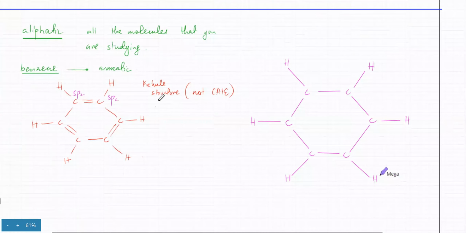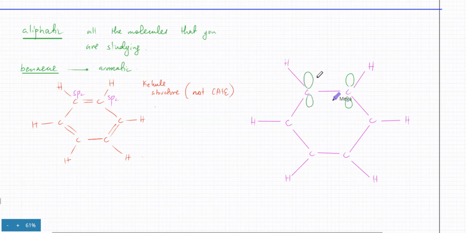Okay, remember carbon has 4 electrons. Now, when you have sp2 hybridization, 3 of the electrons of carbon bond with other atoms, and the 4th electron is not doing anything initially. So same over here, there's a 4th electron in a p orbital, not doing anything.